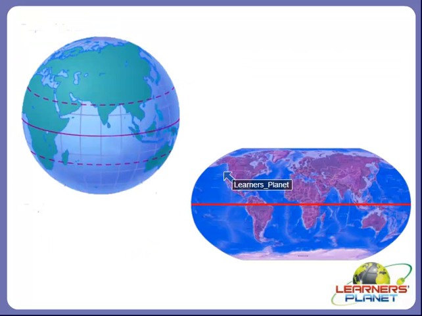So what is it? These are the pictures which show the equator in the middle. This is the world map, and this red line shows the equator. It depicts the equator. The middle line is that of the equator.